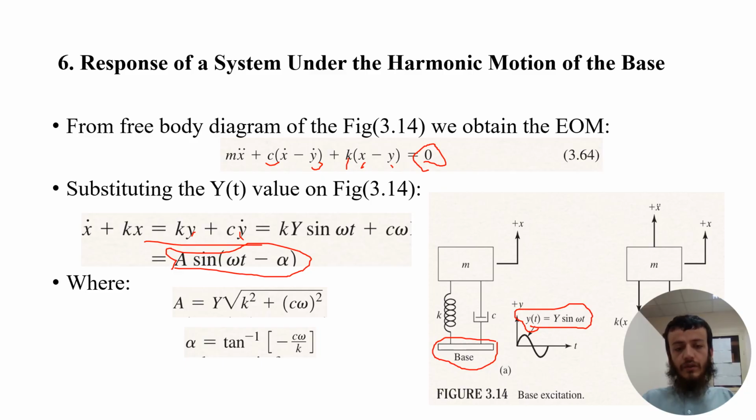A is equal to capital Y times the square root of k squared plus (c omega) squared. Omega is the system frequency, not the general frequency, and the angle is equal to inverse tan of minus c omega over k.